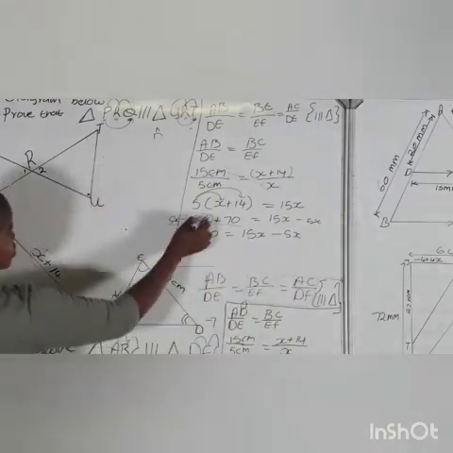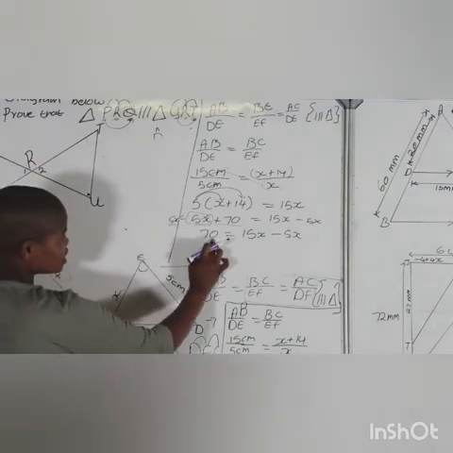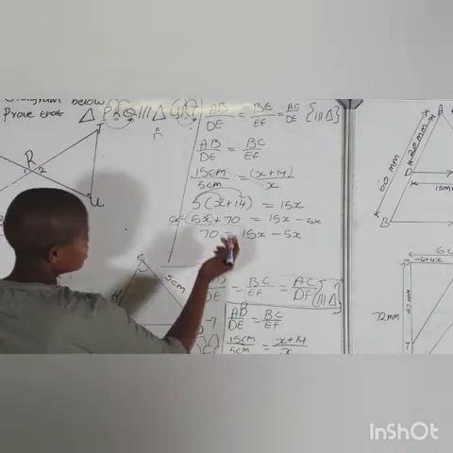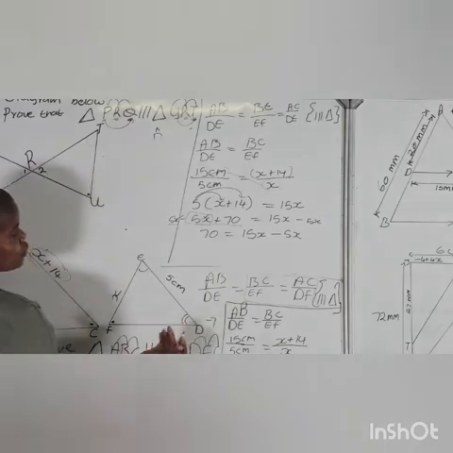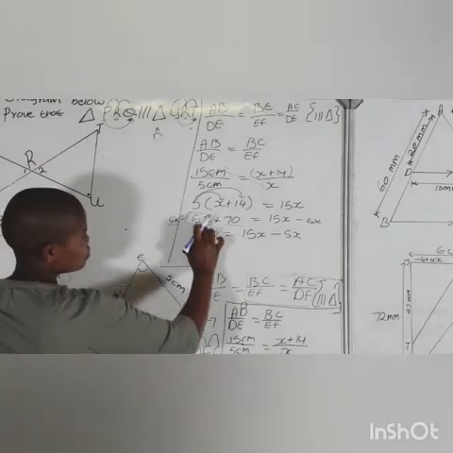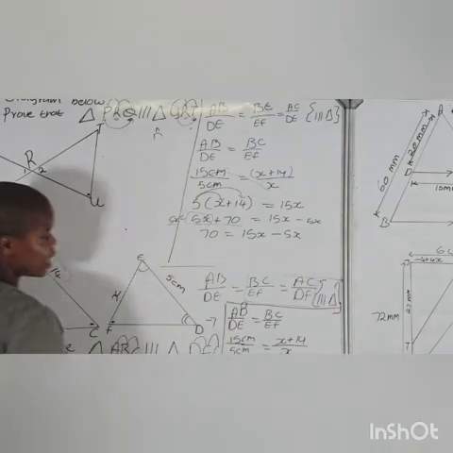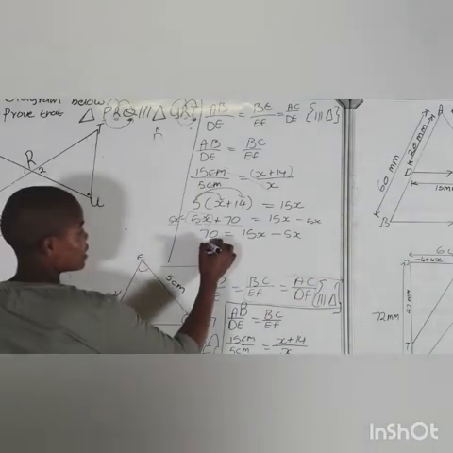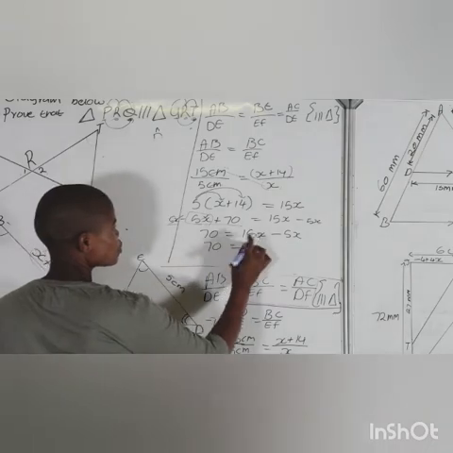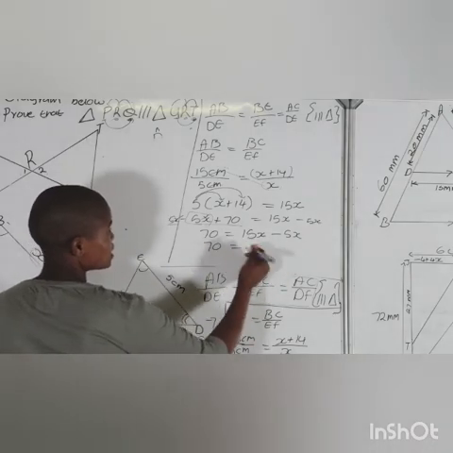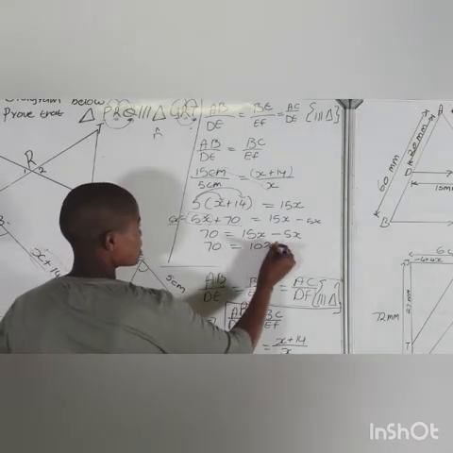Either way, this one will cancel that, and then I'll be left with 70, or I will just work with a simple way of doing it, group like terms. The 5x go and join the 15x that side. I hope it makes sense. And then now I have got 70 is equals to 15 minus 5, that is going to give me 10x.